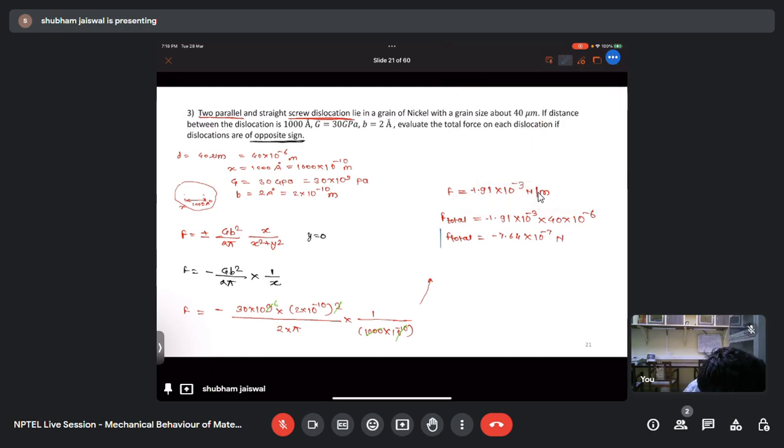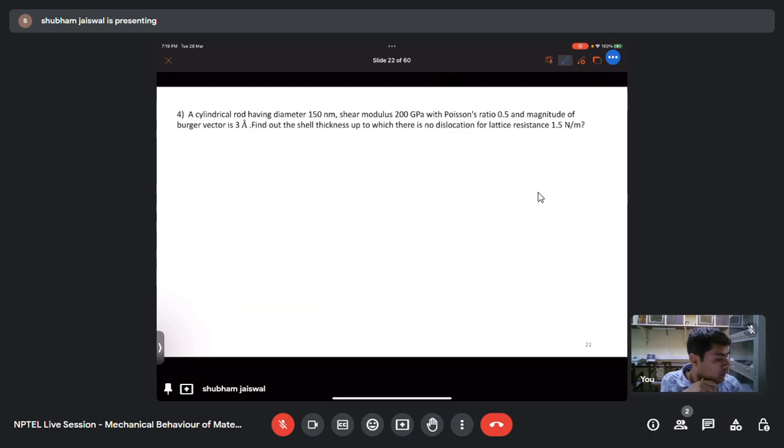So this is the total force on each dislocation if the dislocations are of opposite sign. Okay, so this was our third question. Any doubt in this question, guys? No doubt, so let's move ahead. So here comes the fourth question.